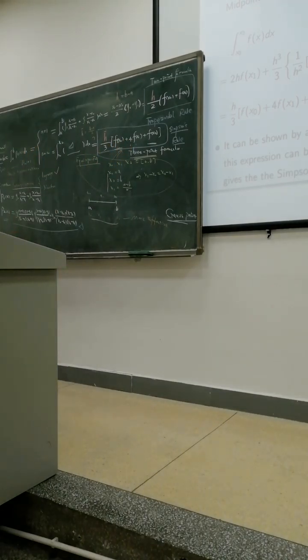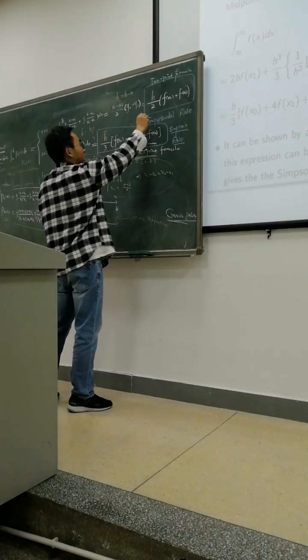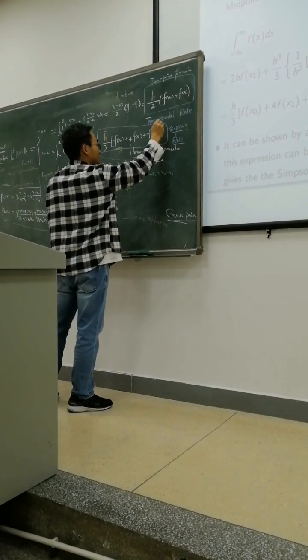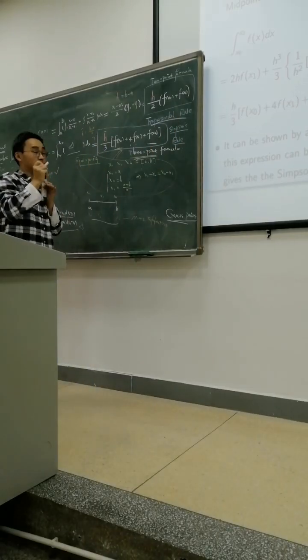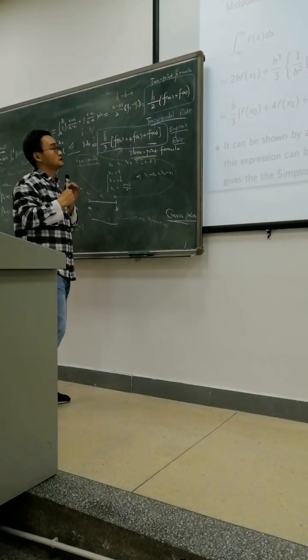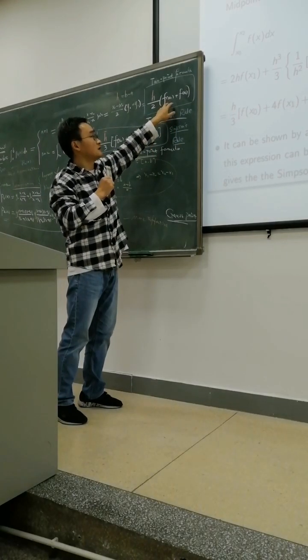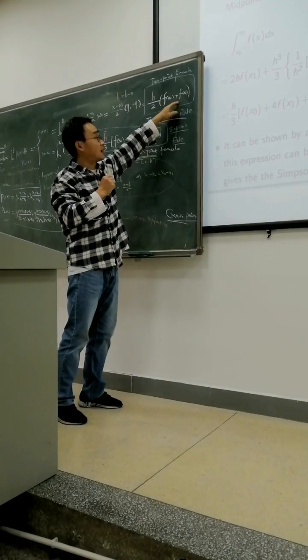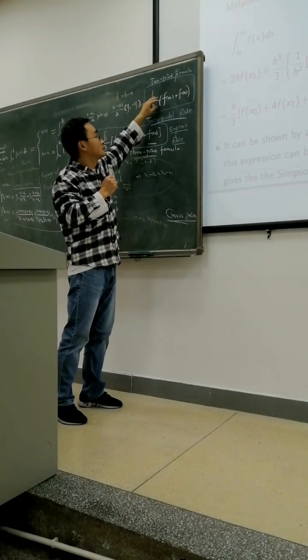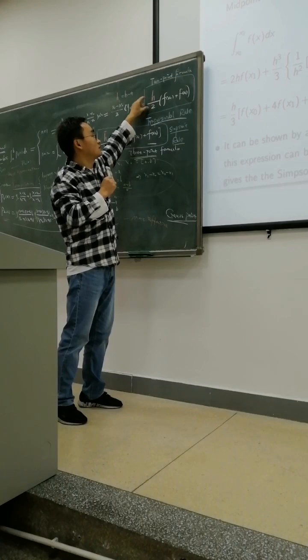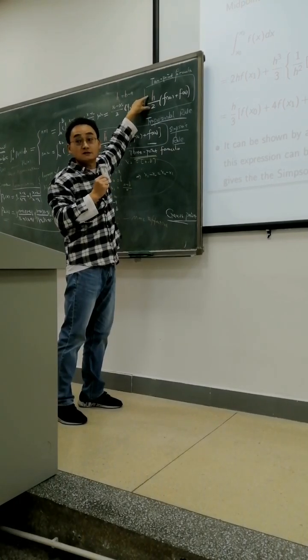If we take these two rules for a very small interval, the first is the trapezoid rule, the second is Simpson's rule, and both are very simple. For the first, we just take two function values, sum them, and multiply by the coefficient, half of the length of the interval.